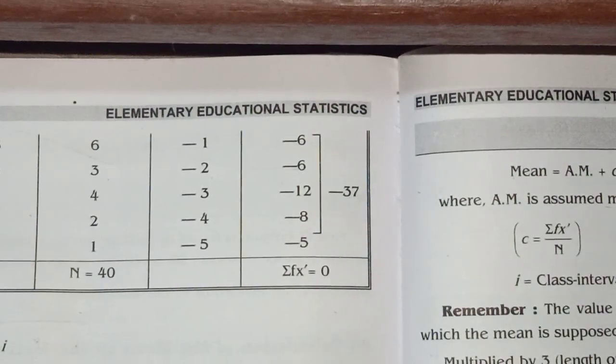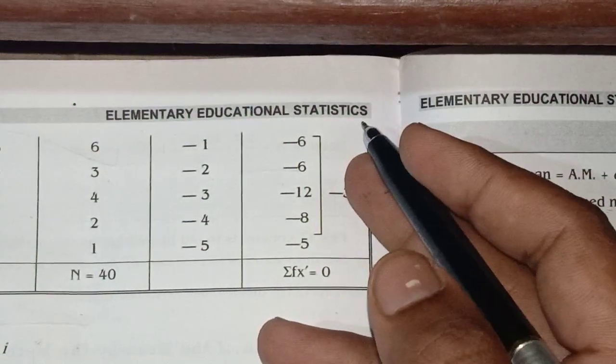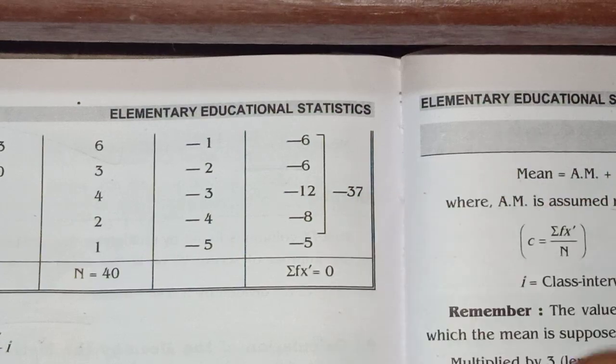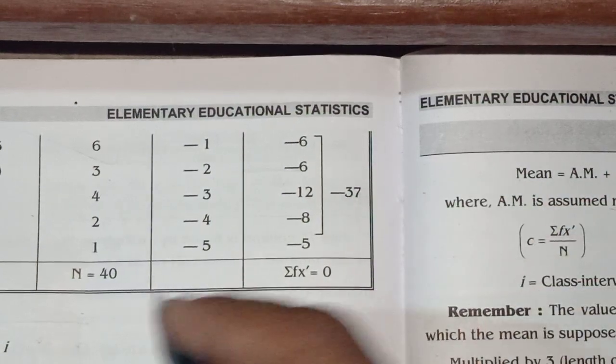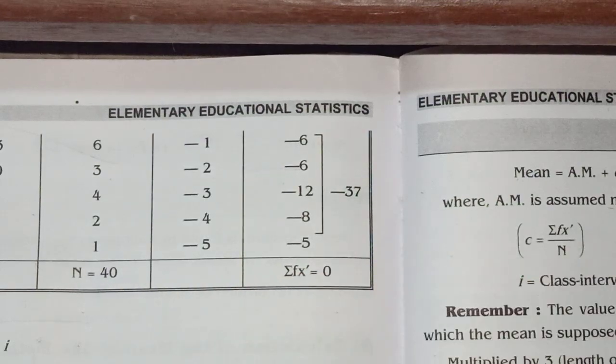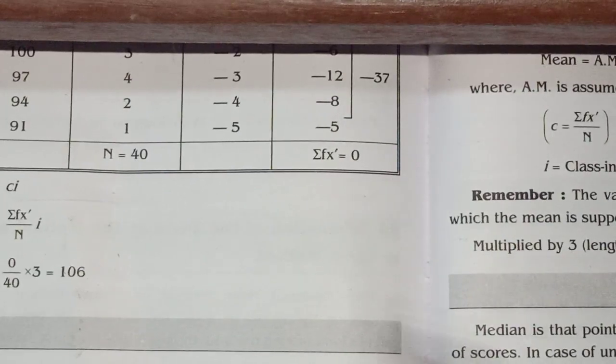So everything is determined. Sum total of fx dash is 0 plus 37 minus 37, which is equal to 0, and n is equal to 40. What is n? N is the sum total of frequency, and everything is determined. And how to determine the mean?